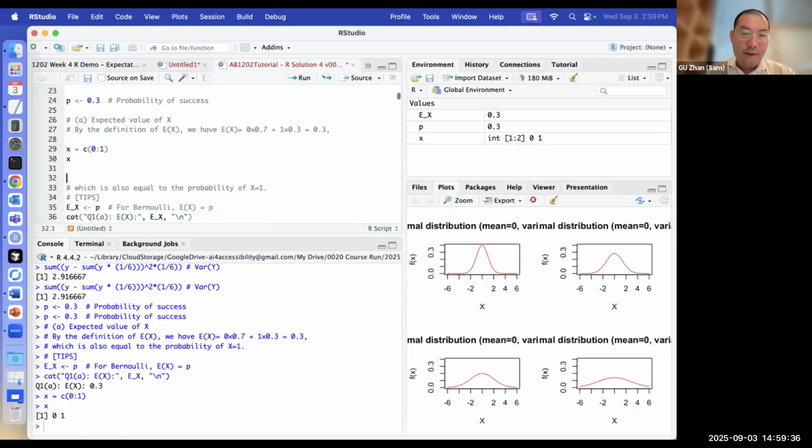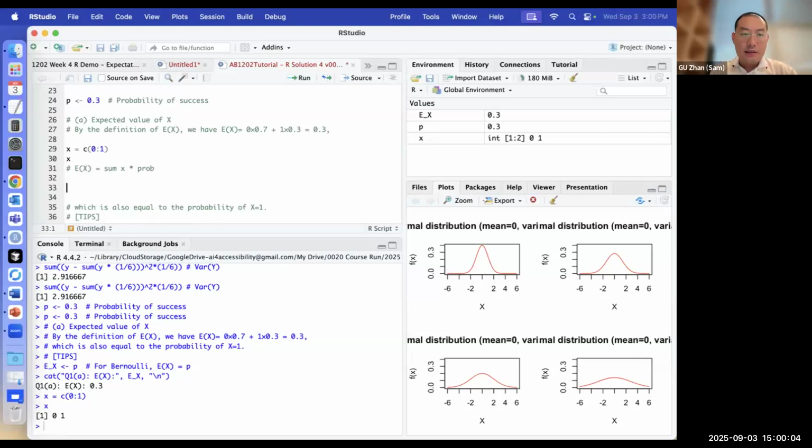The expected value of X equals the sum of X times fx, the probability. So let's sum them together.